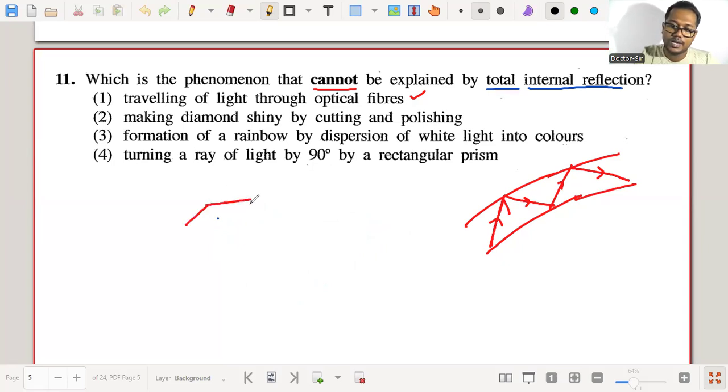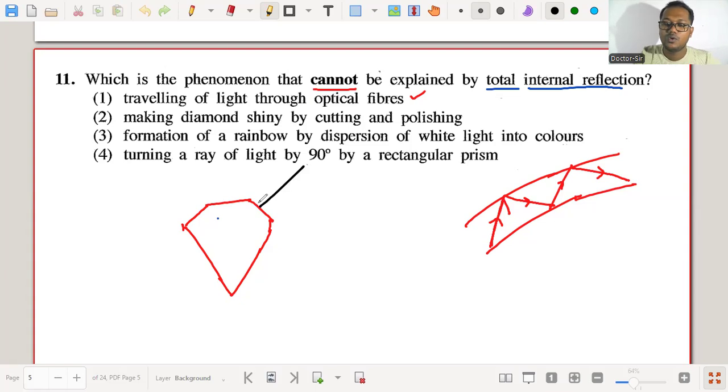So if you take a diamond, why is it shining? Why this shiny appearance? Whenever diamonds are polished, they make the edges very sharp and adjust these edges to particular angles.